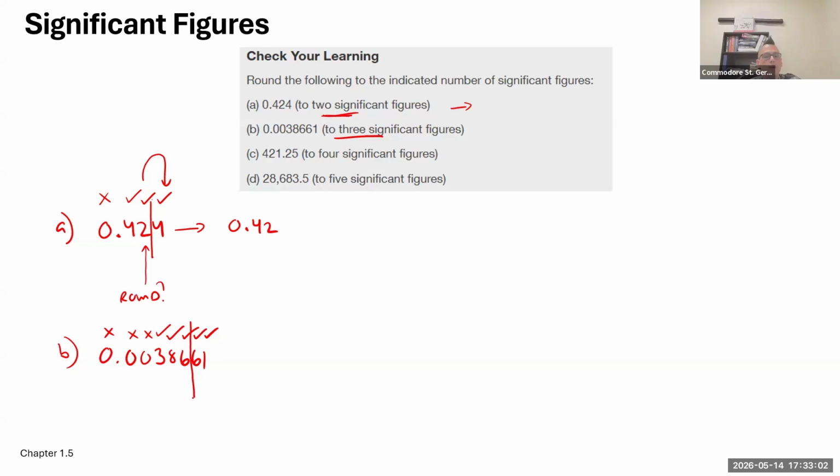We're not sure if we're going to round it. And then we're going to look at this one. All right, so that's 5 or above because it's a 6. So we're going to round that last significant 6 to a 7. 0.00387.